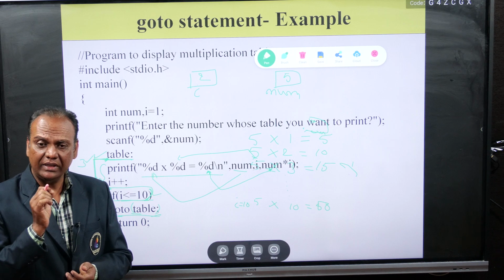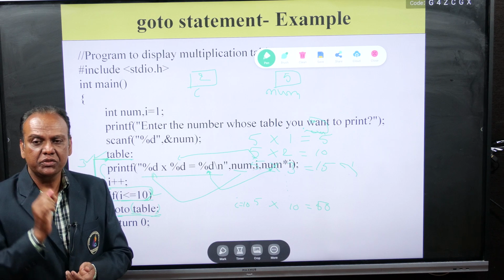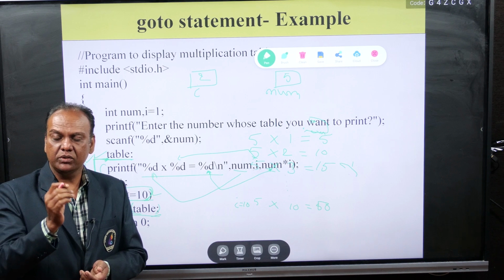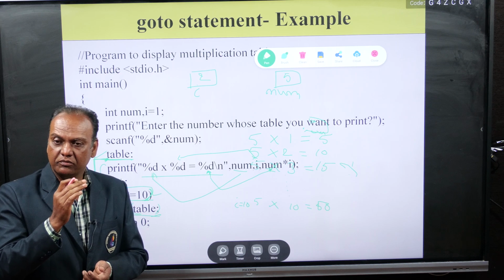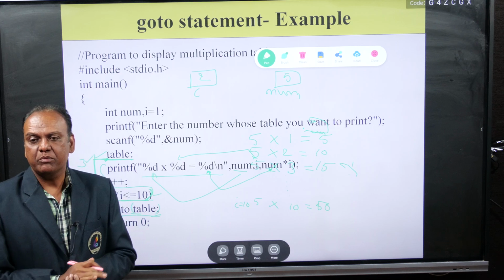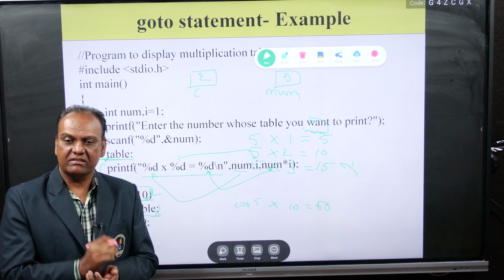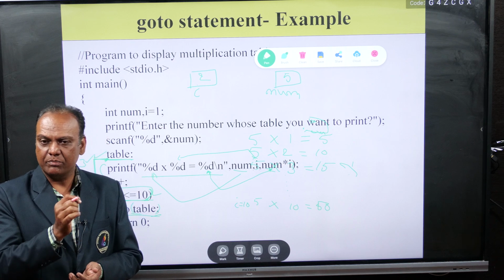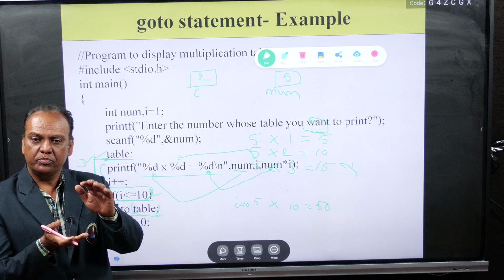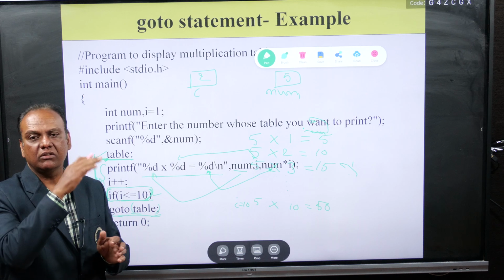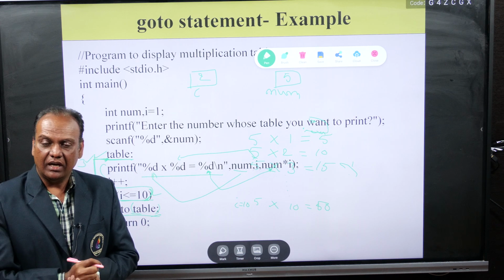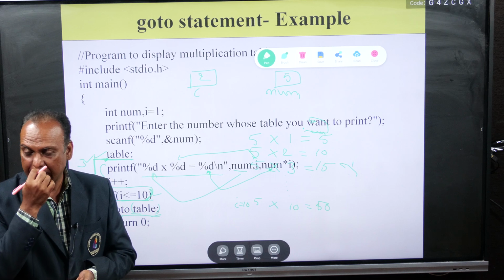And not only that, for example, in a nested loop, if we use the break statement in the inner loop, only the inner loop will be exited, and the outer loop will be executed as usual. The same applies for continue also.